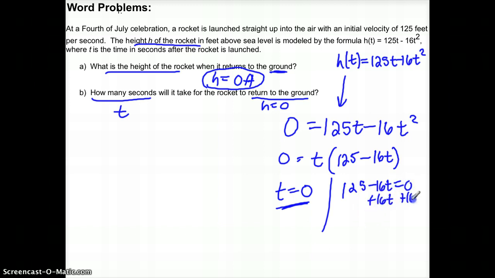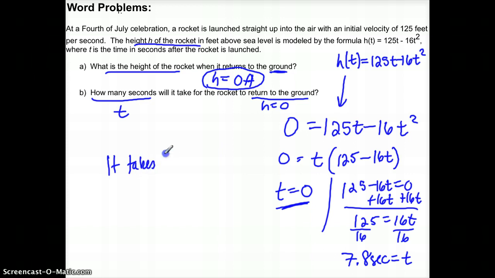Add the 16t, you get 125 equals 16t, and divide by 16. 125 divided by 16 is 7.8 seconds, and that is rounded. It's like 7.8125. So 7.8 seconds. So it takes the rocket 7.8 seconds to return to the ground.